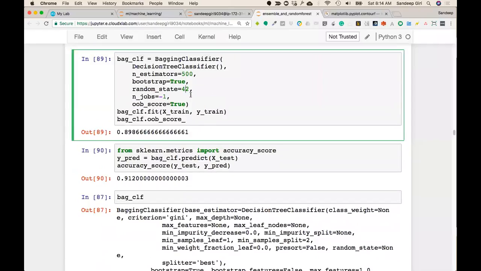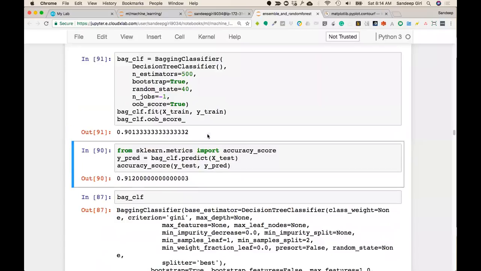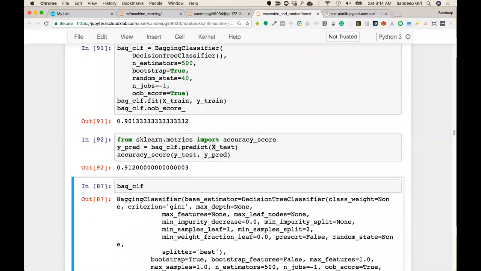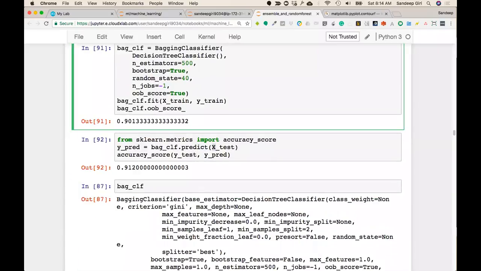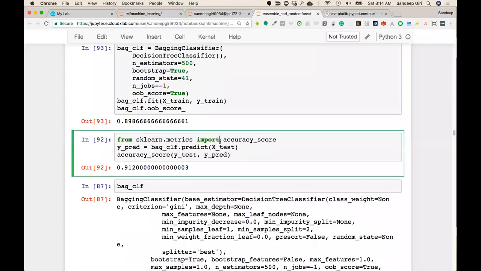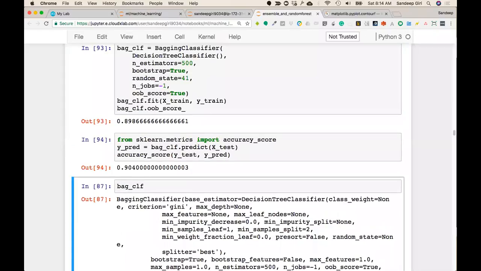Now you can see that. Interesting. So just experimenting with it. All right.